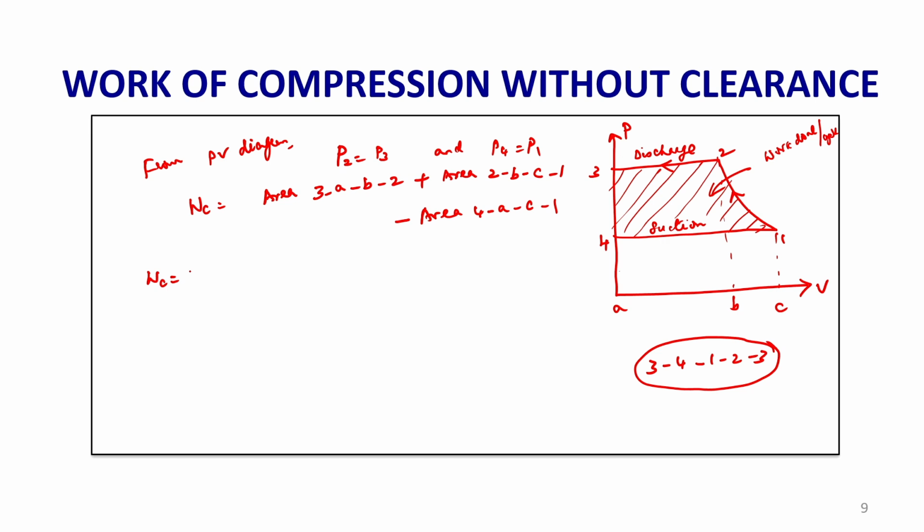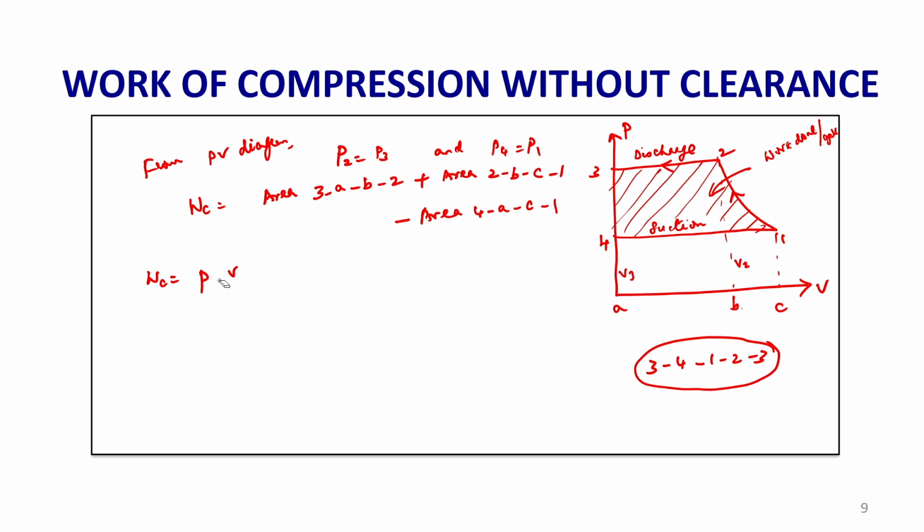So, for 3AB2, the pressure at 2 is equal to the pressure at 3, because the y axis is pressure. So, it is P into dV, or we can straight away write, because here the volume is V2 and here the volume is V3, there is no clearance volume in this case which we are considering.